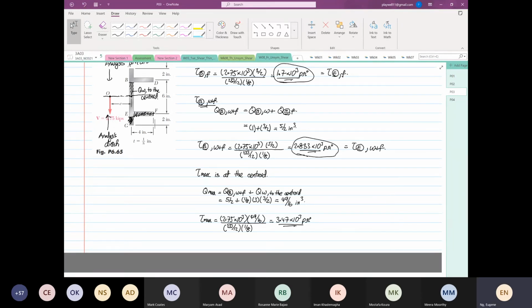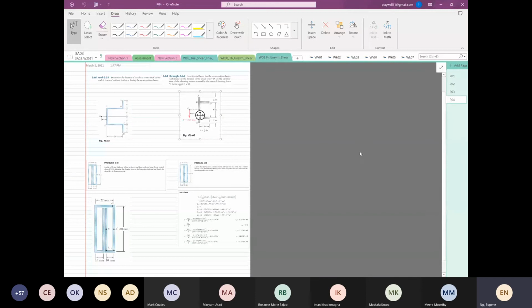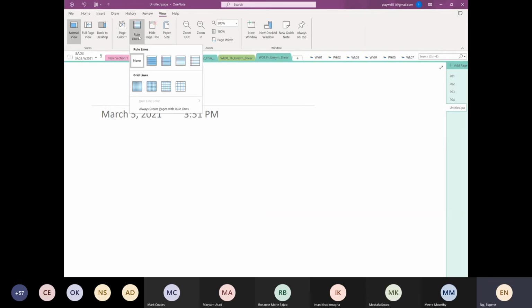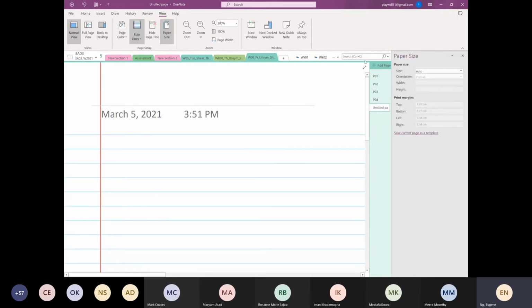So I think I've come to a stumbling block in one of the questions. I'm going to do this question, and I think this is close to the ultimate question in terms of shear flow. I will tell you that.